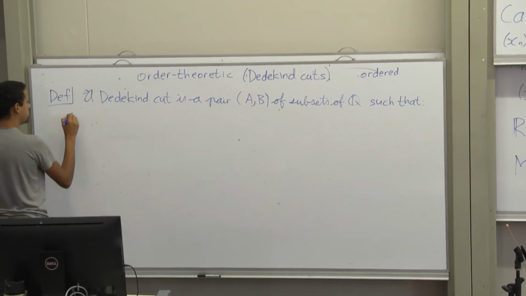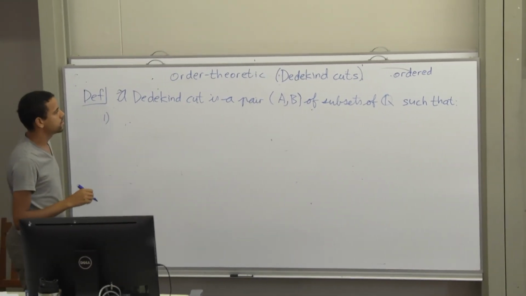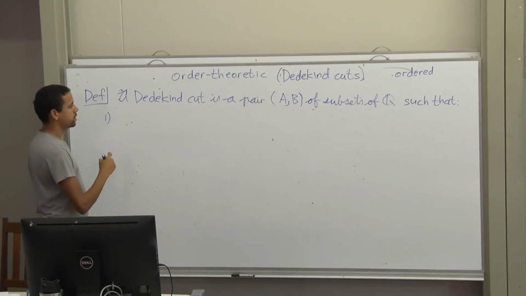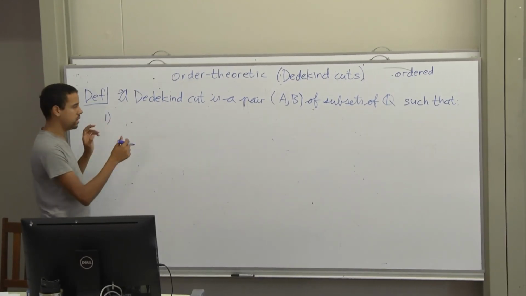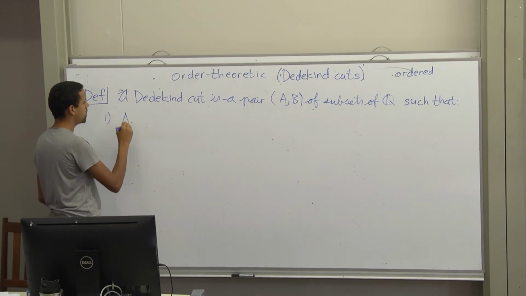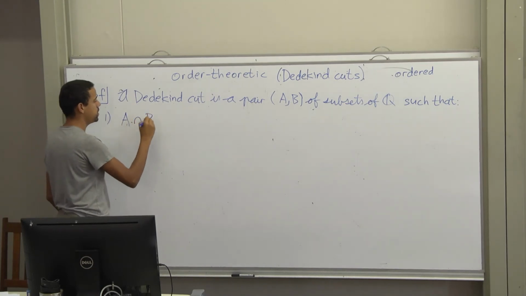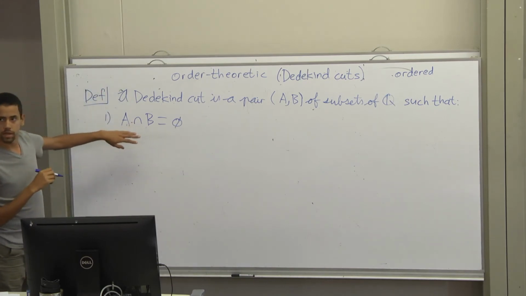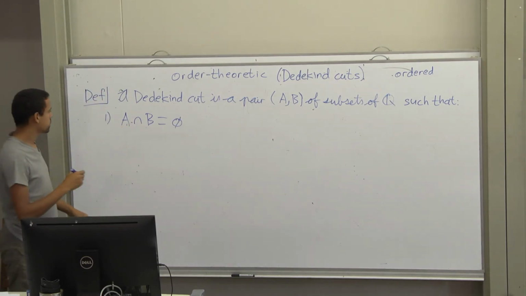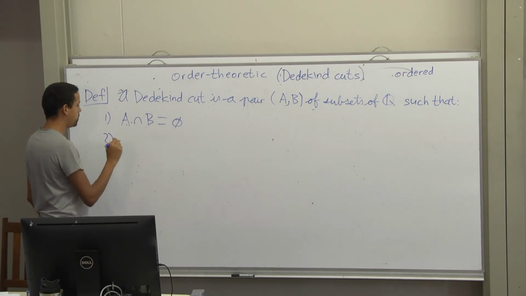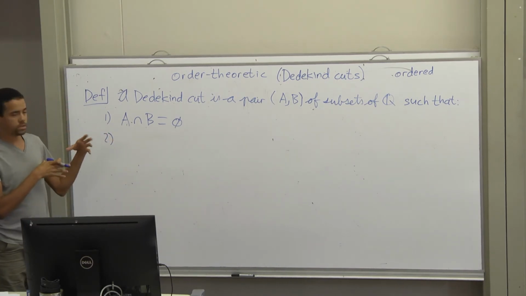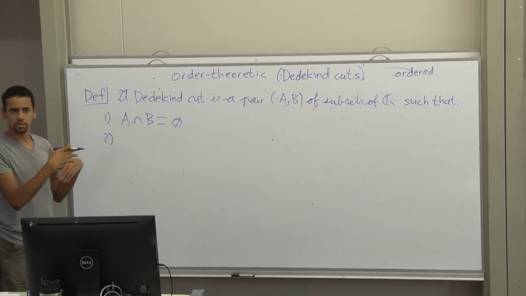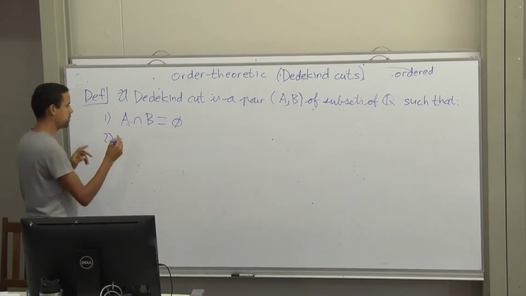The first condition is that they don't overlap anywhere. So if you take A, you intersect it with B, you get the empty set. So they don't have any rational numbers in common. And although they don't have any rational numbers in common, if you combine them, you have to get the whole rational numbers.